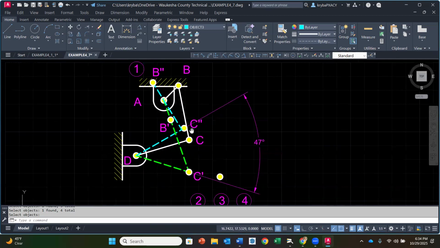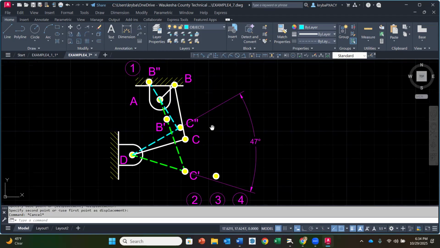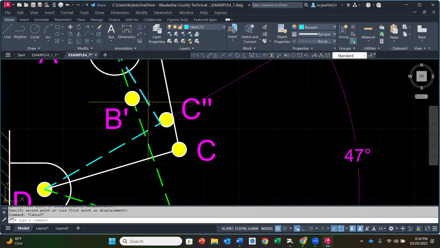Then you want to add back in any labels that you didn't put in to this point.